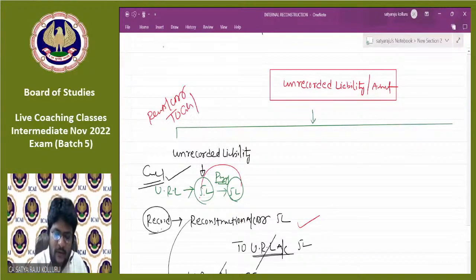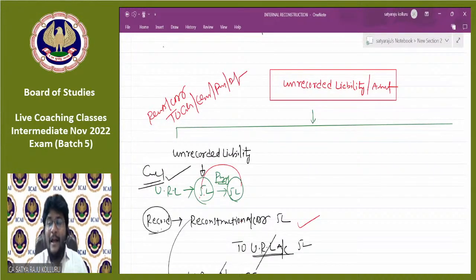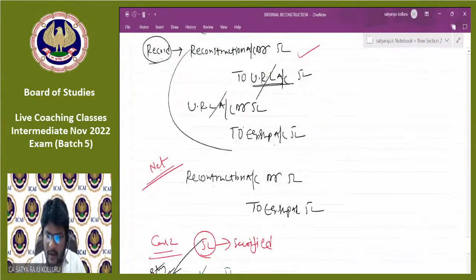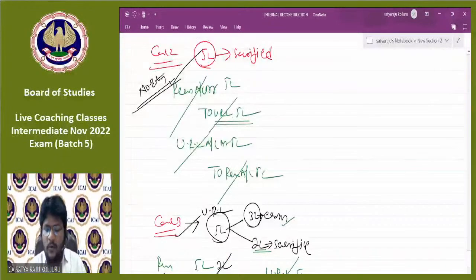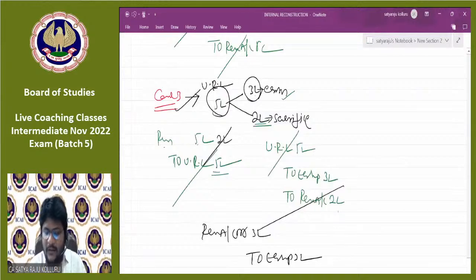That may be cash, equity share capital, preference share capital, or debentures. At the time of discharging the unrecorded liability, the entry is the same. In case number 1, the entry is reconstruction to equity share capital, discharging 5 lakhs. In case number 2, nothing was discharged, it was sacrificed, that's why no entry. In case number 3, we are discharging 3 lakhs in equity shares, so the entry is only reconstruction to equity share capital 3 lakhs. Do you understand, guys? All of you.